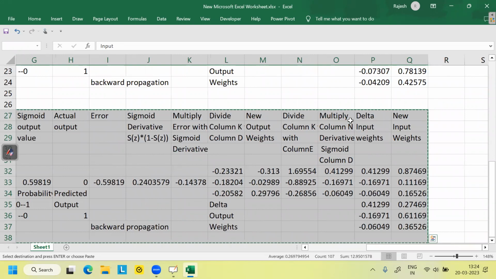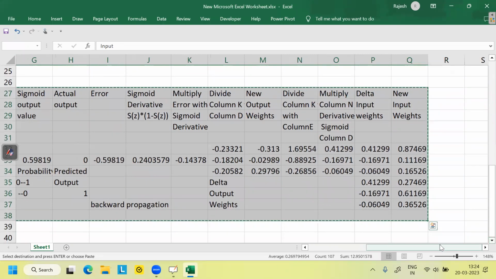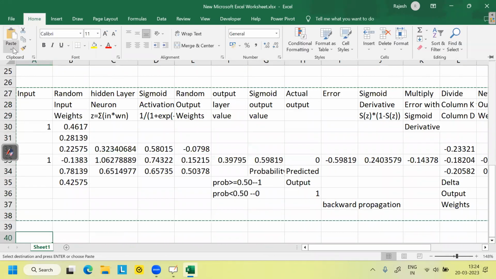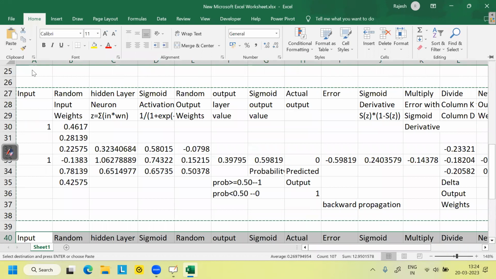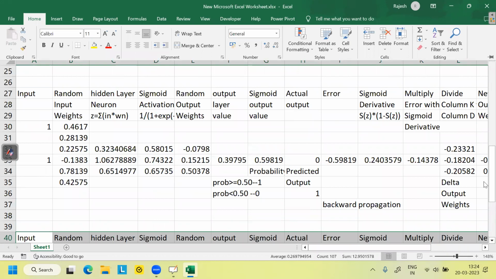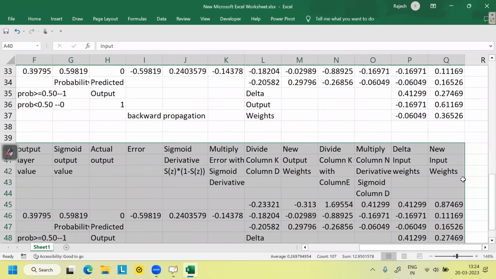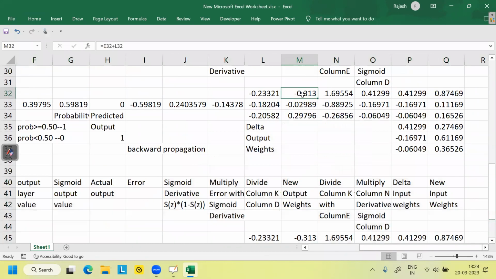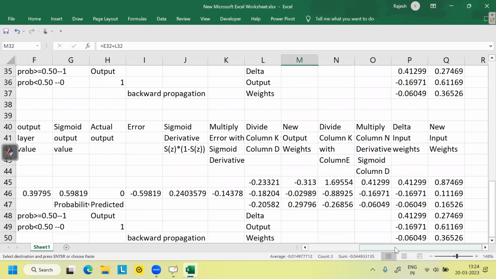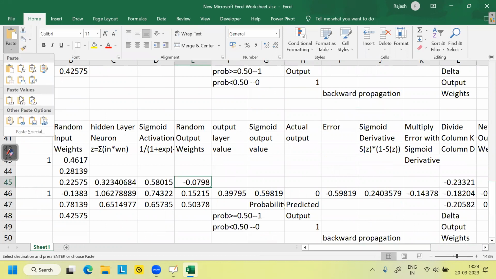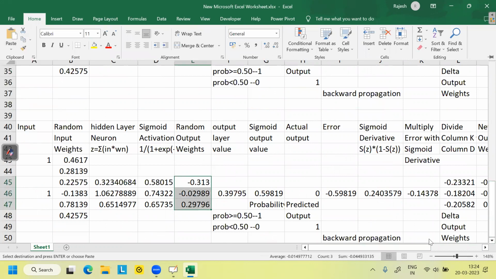Control C. Paste special formulas and number formatting, Control S. I'll go back to the previous calculation, get the new input weights, output weights, Control C. Go to the actual output weights, paste special values and number formatting.